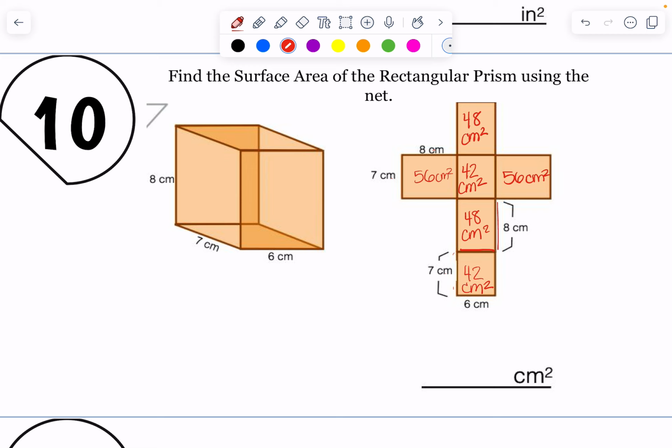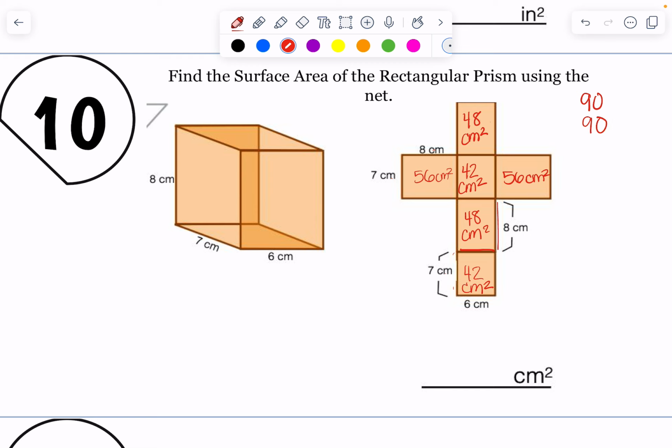Then I can add all of these up, because I want the sum of all of my sides. I'm going to add them a little differently. 48 plus 42 is 90. The other 48 and 42 will be 90.